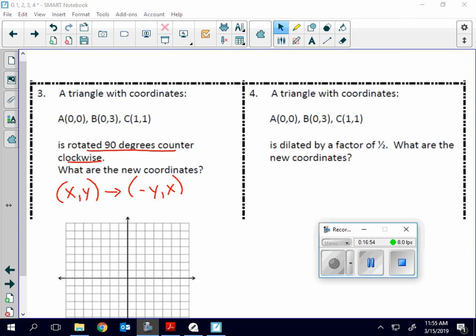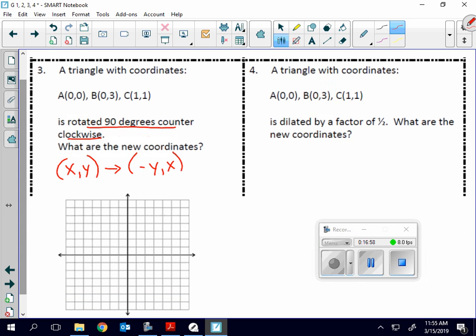So if I take a piece of graph paper, go get yourself a piece of graph paper for this one. Pause the video if you need to. We're going to draw a triangle at 0, 0, 0, 3, and 1, 1. Okay, that's my triangle. I'm going to label what I have here.